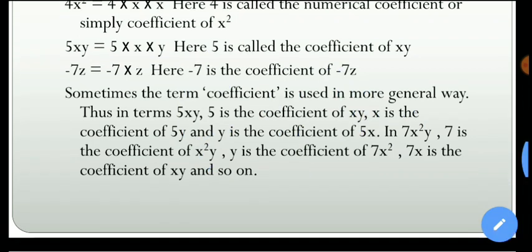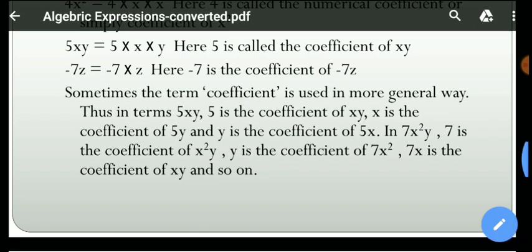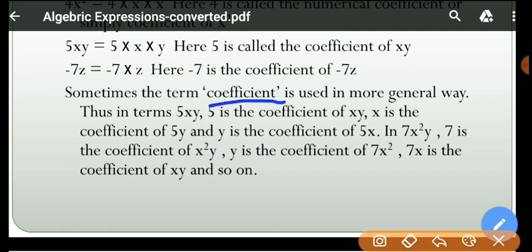Okay, sometimes the term coefficient is used in a more general way. Thus in the term 5xy, 5 is the coefficient of xy, very important thing. Similarly, x is the coefficient of 5y.